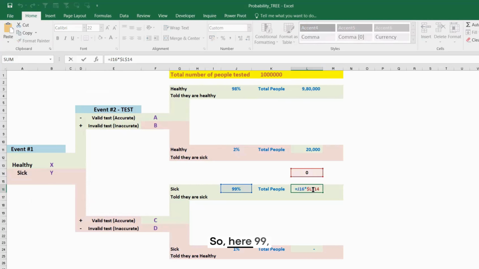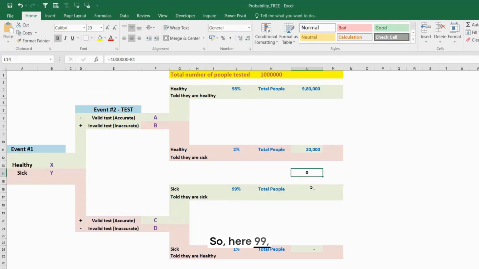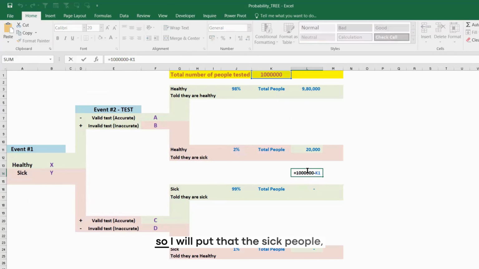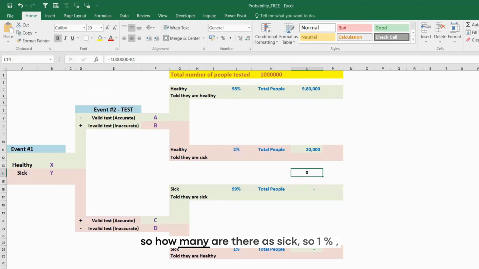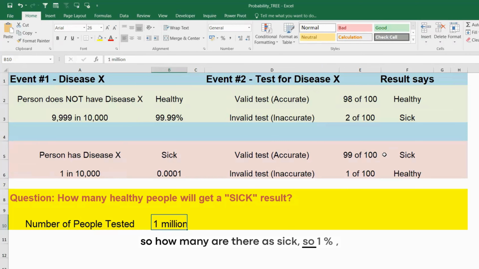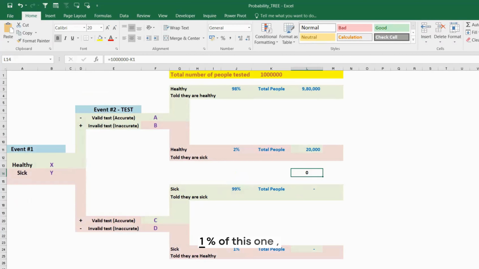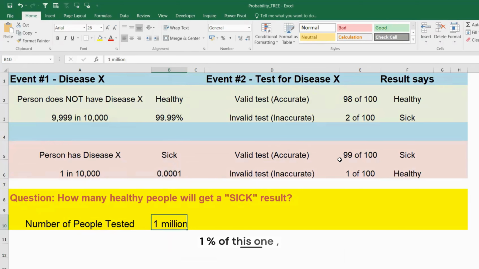So here, 99. I will put that for the sick people. So how many are there as sick? So 1%, right? 1% of this one.